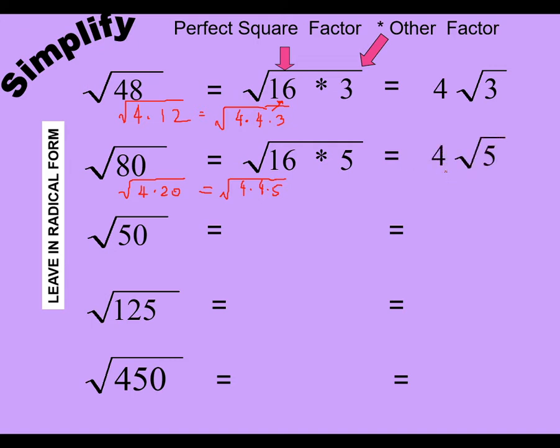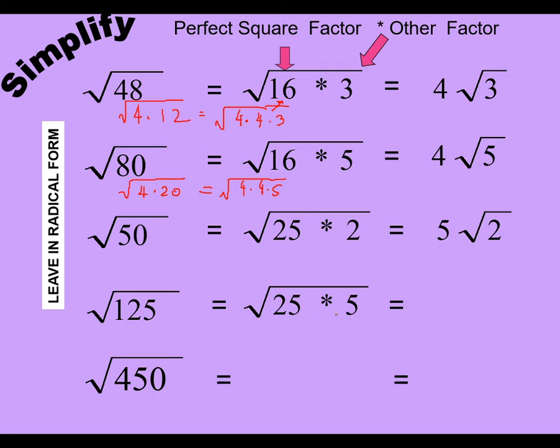And that is equivalent 4 square root of 5. It is obviously 25 times 2. So, square root of 25 is 5 square root of 2. 125, still 25. That is 25 times 5. So, 5 square root of 5.